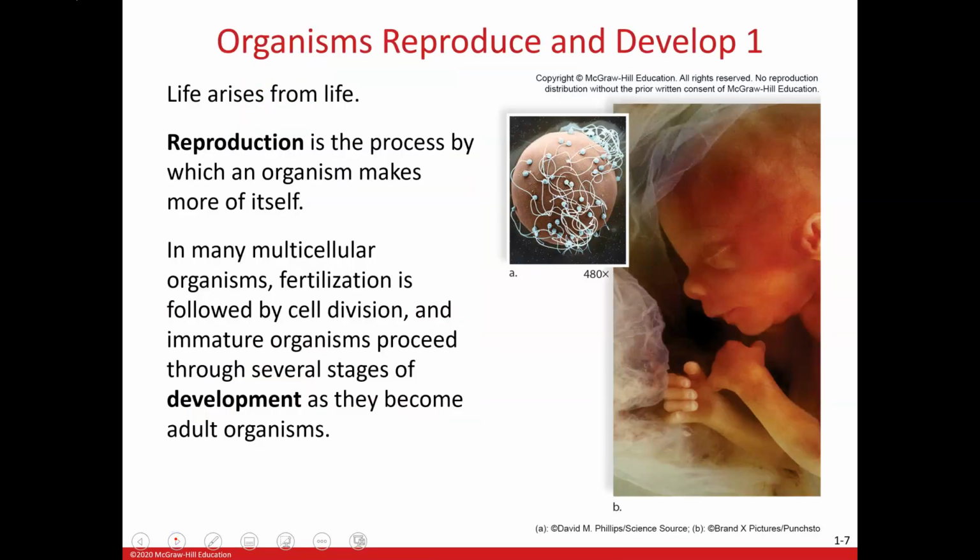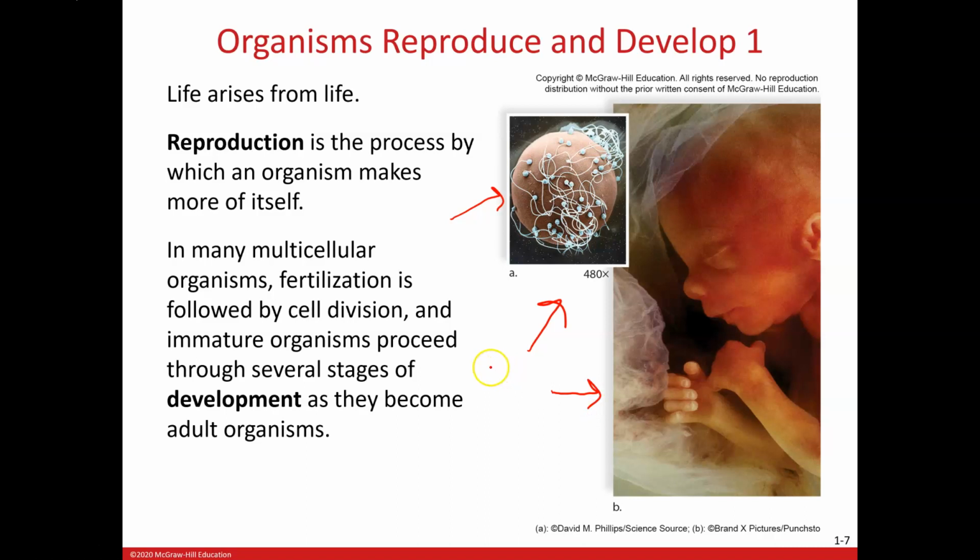We have to be able to reproduce. So reproduction is the production of new cells or new organisms. And so in this case, we're looking at sexual reproduction, where we have two sex cells, the sperm and the egg, right there, coming together, forming eventually a new organism.